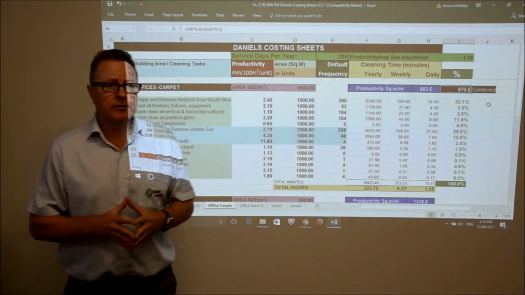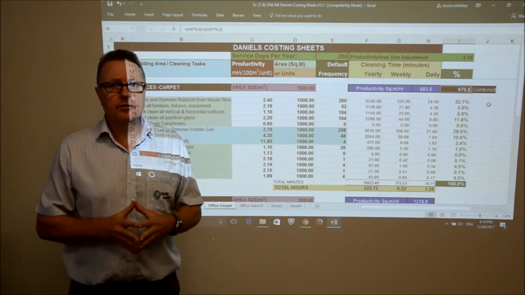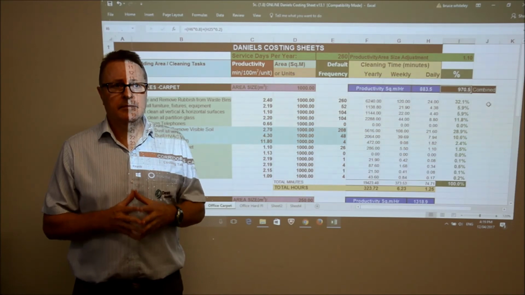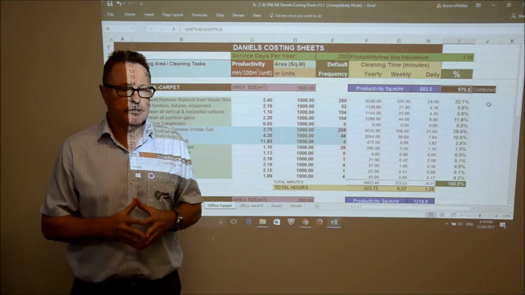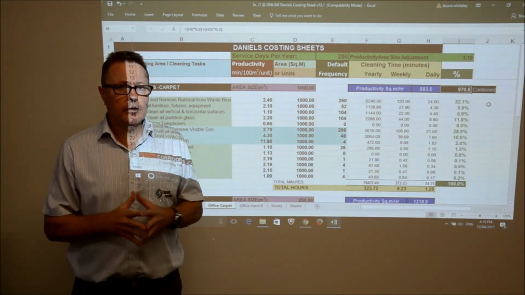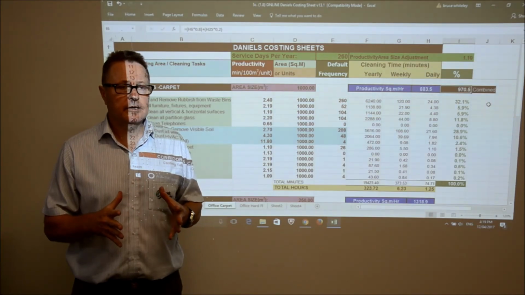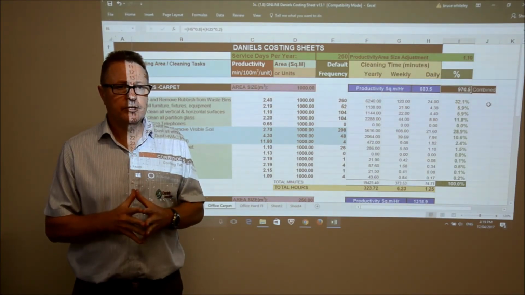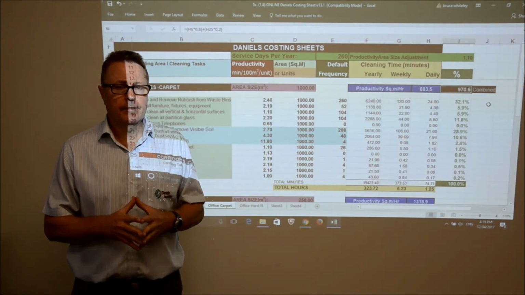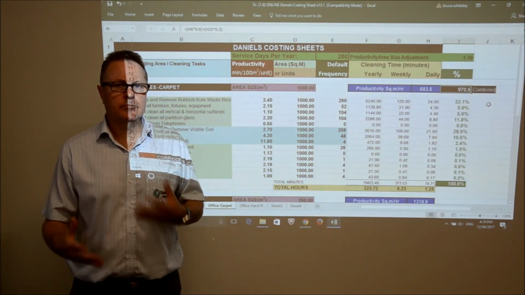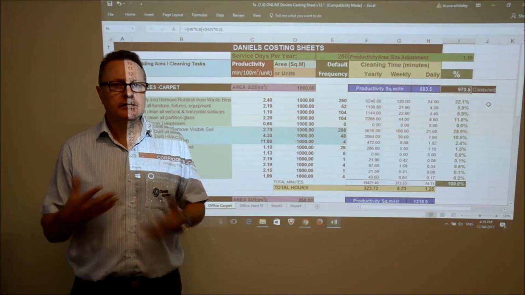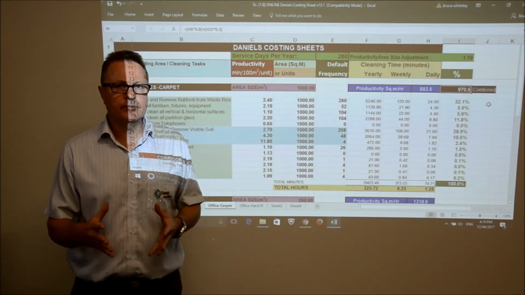Now you're probably wondering, how on earth am I going to use this in my business? Well, what you're going to do is you're going to take a costing spreadsheet, measure up one of your existing jobs and apply the sheet to it until you get the model accurate and you're comfortable with it.